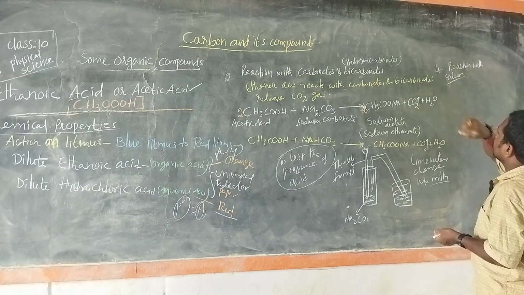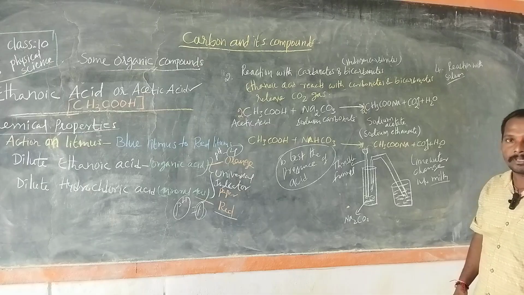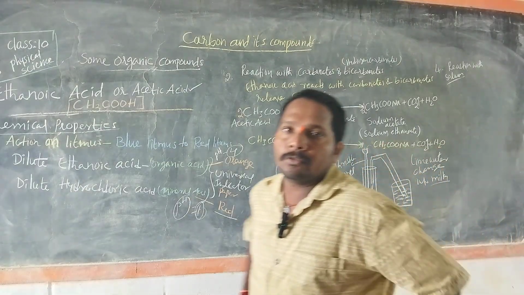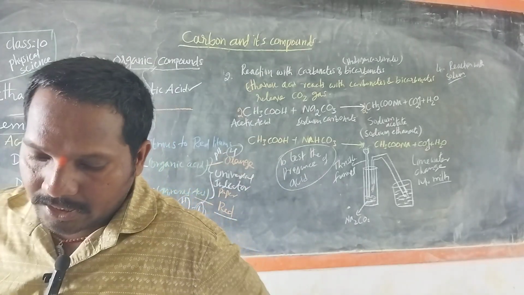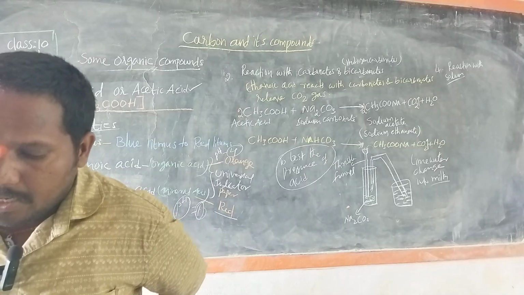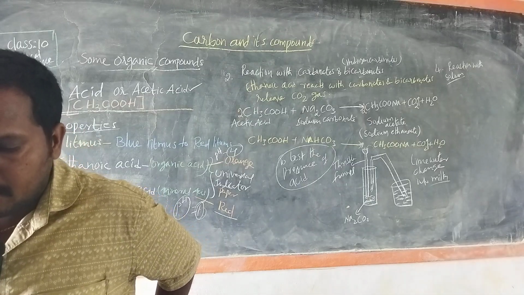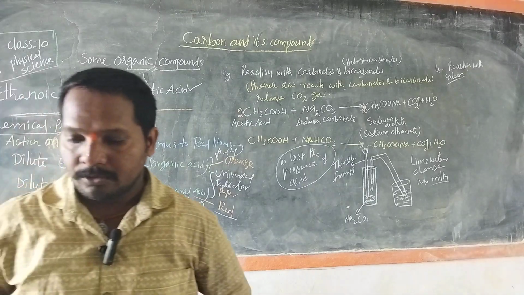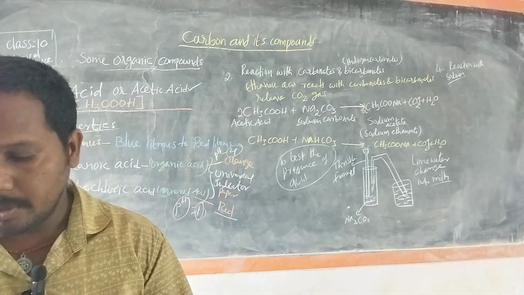When ethanoic acid reacts with sodium, it gives sodium acetate. Or it reacts with sodium hydroxide.